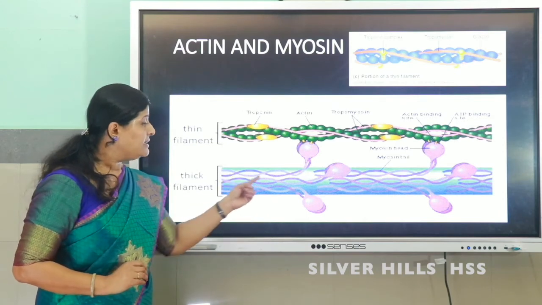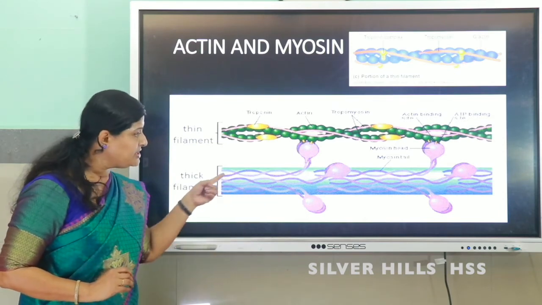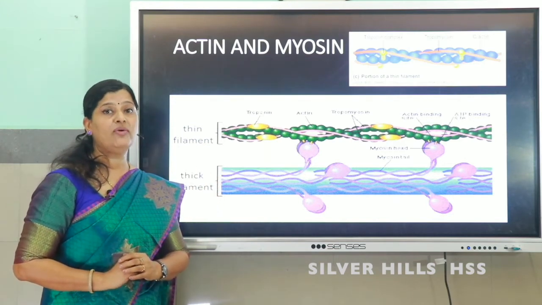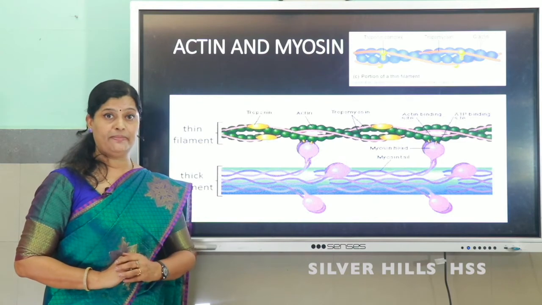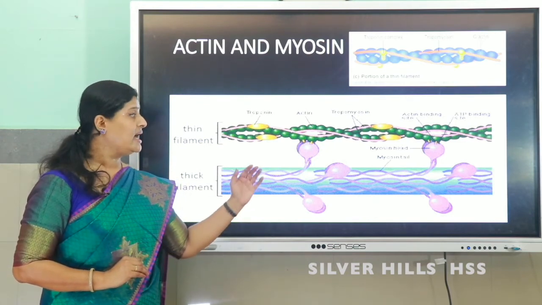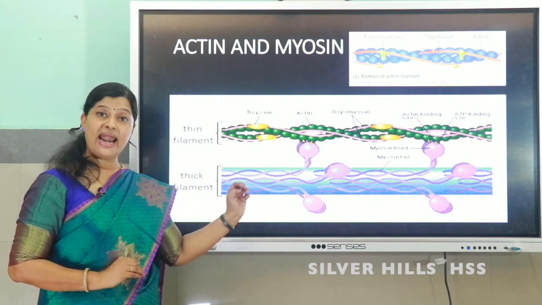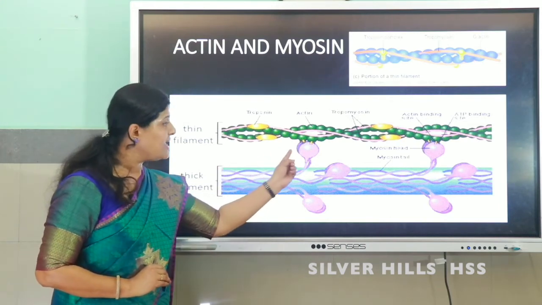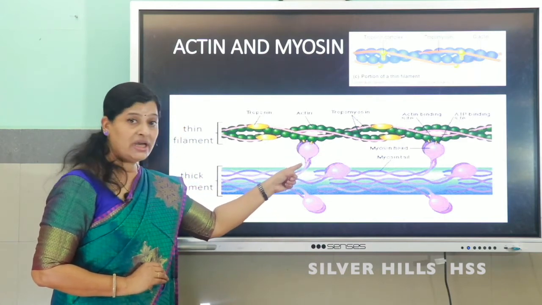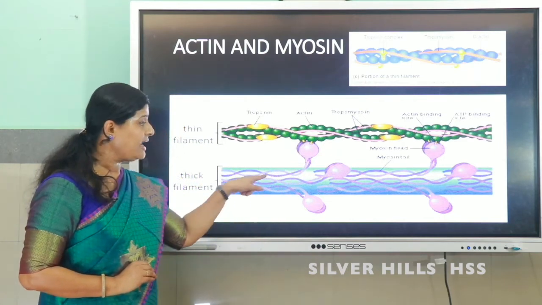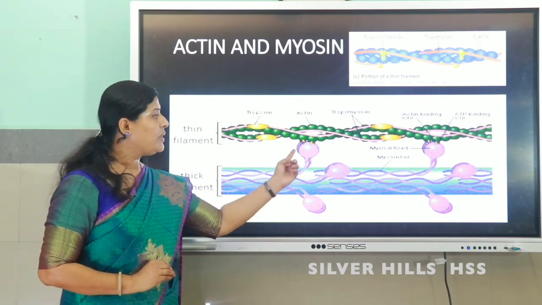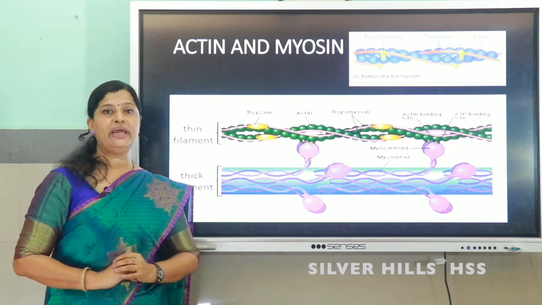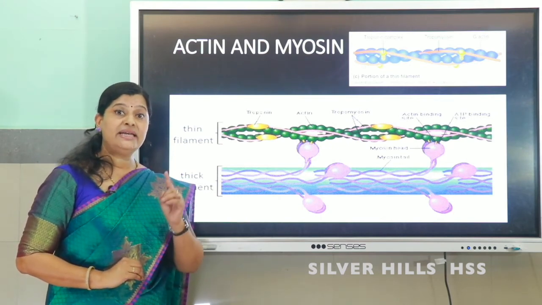The tail region, you can see over here the tail regions, is made up of light meromyosin, right? So these are the heavy meromyosin and light meromyosin. Anyway, a myosin protein has a globular head with a short arm region and a tail region. Now, on the globular head region of the myosin protein, there is an actin binding site.